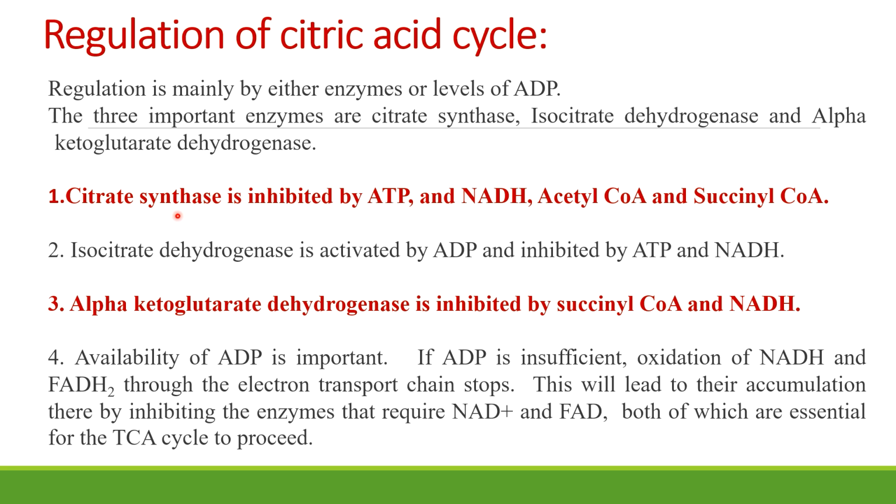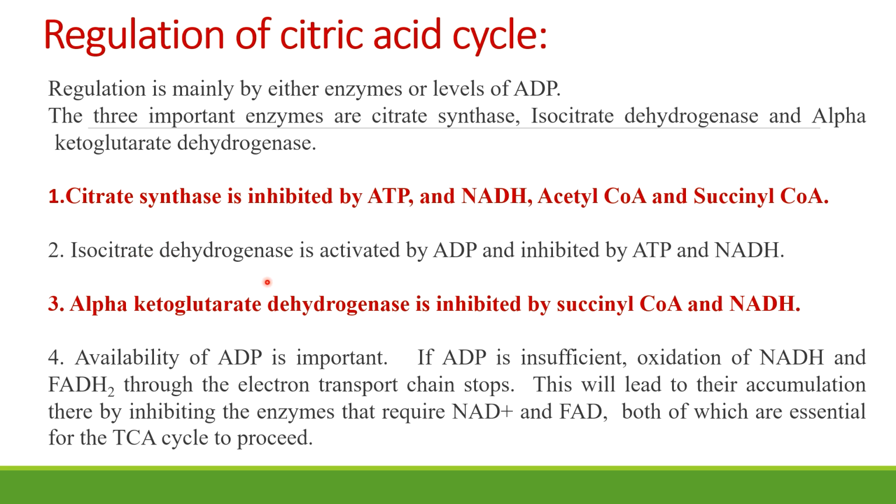What does citrate synthase do? Citrate synthase is inhibited by ATP which is formed, and even NADH, acetyl-CoA and succinyl-CoA. If excess of it is there, it will be inhibited.